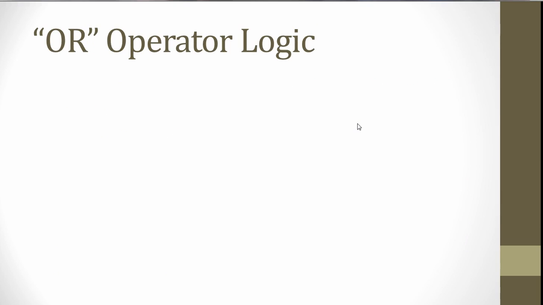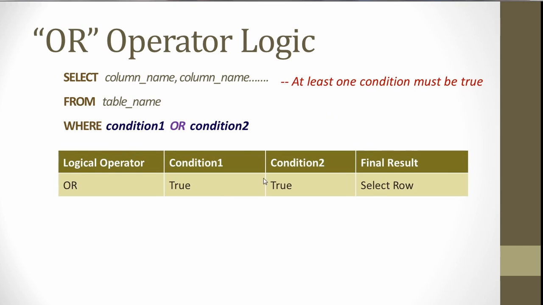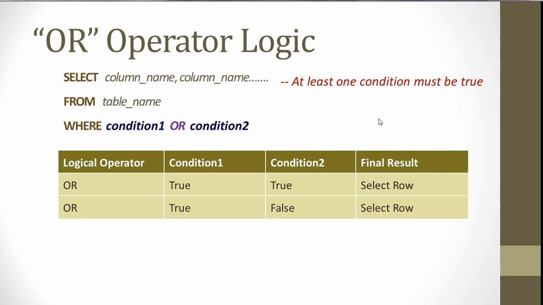Now let's look at the OR operator logic. Here, when we have 2 conditions, at least one of the conditions must be true. So condition 1 is true, condition 2 is true, so we select the row. Now condition 1 is true, condition 2 is false, then too we select the row. Here, because condition 1 is true, at least one condition is true, so that's why we are going to select the row.